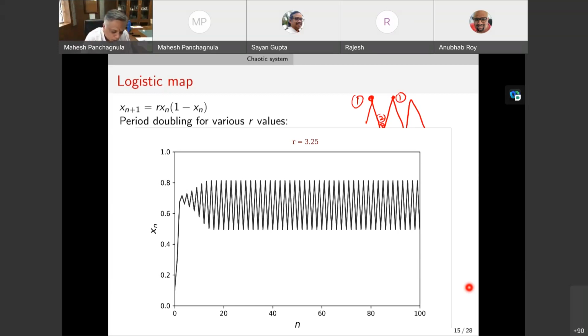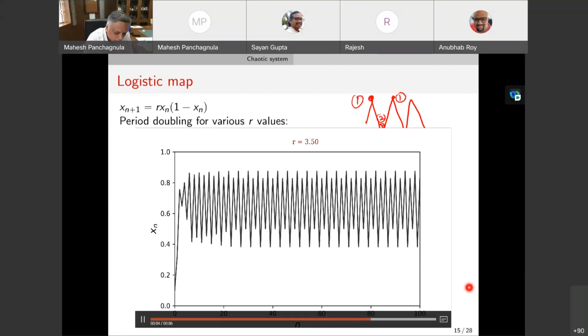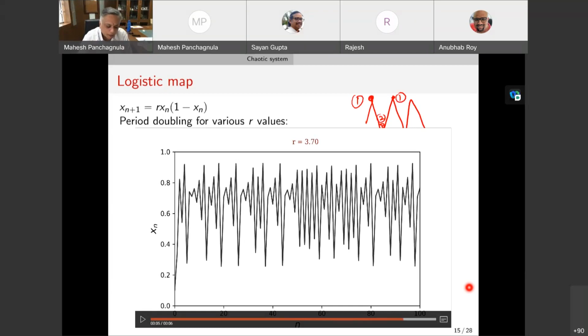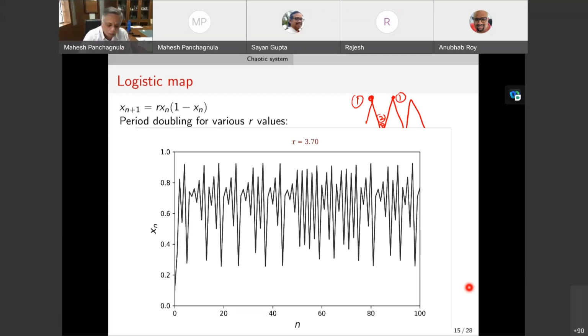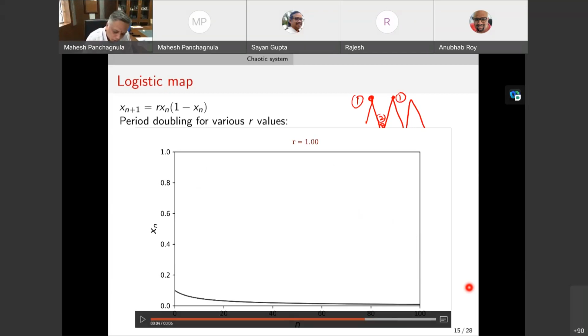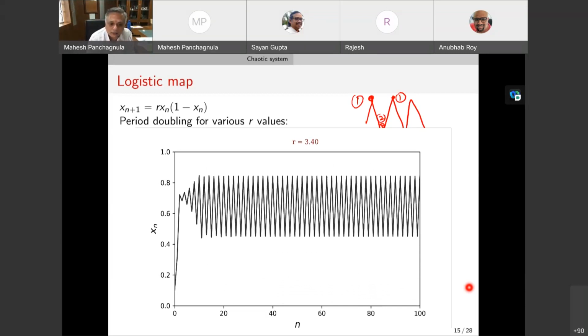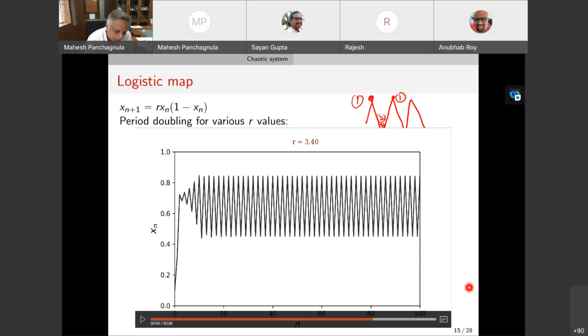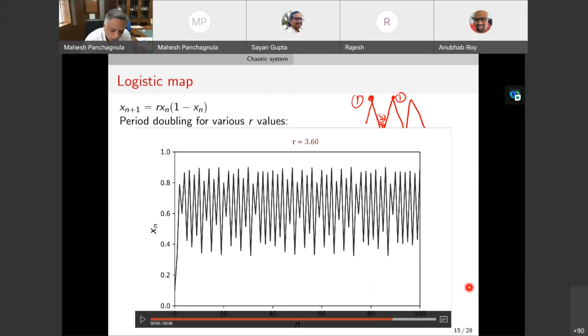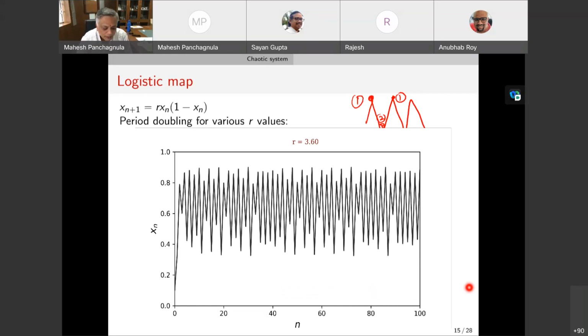Now, if I continue where this video will take us, I'll stop there. This is at 3.7 value of r. I'll try to pause it a little before that. This is 3.4, where you still see that it is oscillating between two states. This is 3.6, where if you notice carefully, there is a repeating pattern.